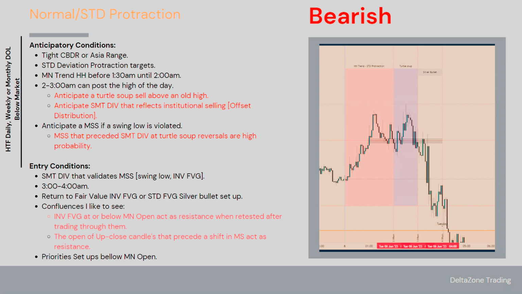In line with this logic, some confluences I like to see are inverted fair value gaps acting as resistance to higher prices when retested, and this is observable when candles fail to close above the value area. And again, we always prioritize setups that form below midnight open.